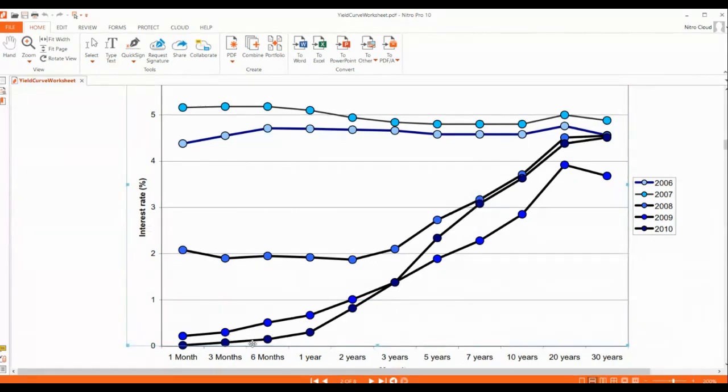It means that their slope is influenced by two factors. One is the risk premium. But if this curve is steeper than usual, there must be a second influence making it steep. And what could that be? Well, interest rates are expected to increase.